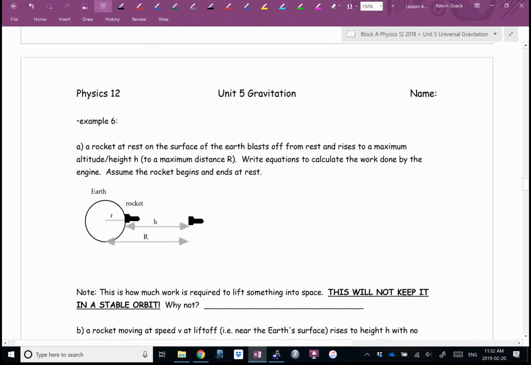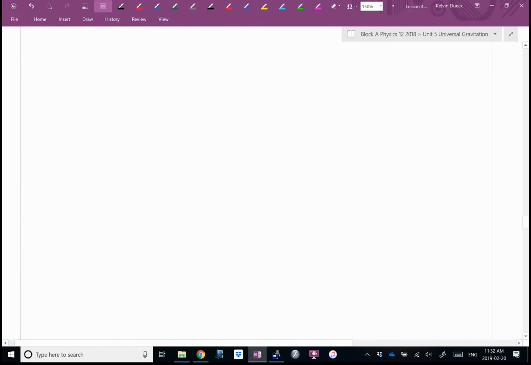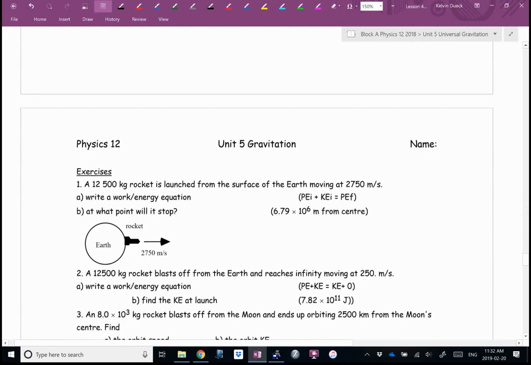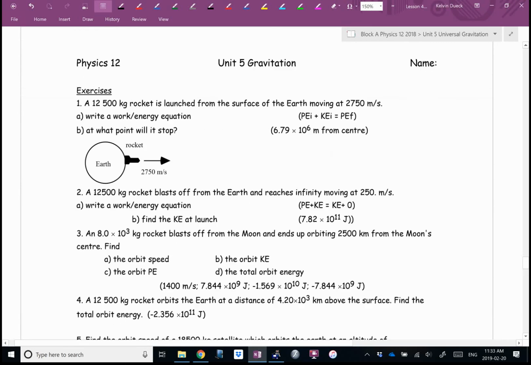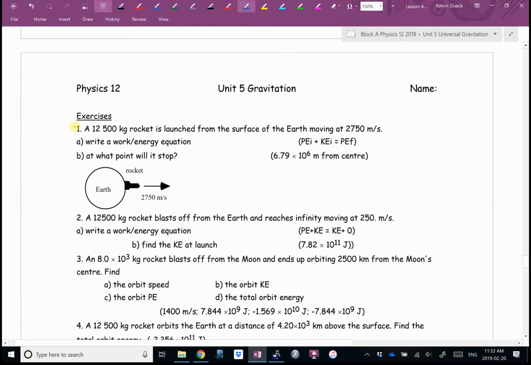I'm going to be giving you a lot of questions for homework. If you want to get a head start, here are questions that you're capable of doing right now. Number 1 says write a work energy equation. I would write a conservation of energy equation. And when it says at what point will it stop, I guess KE final will be 0.